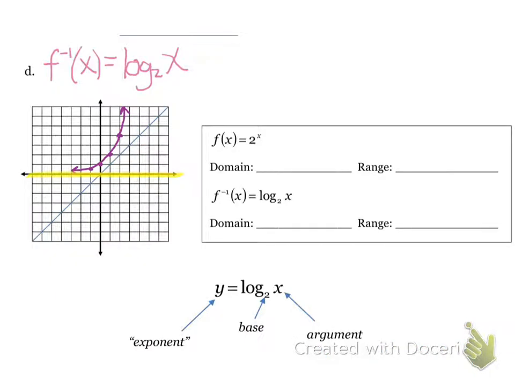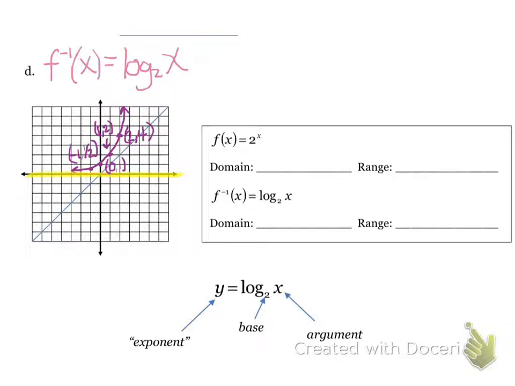Okay, so here you see that I have graphed the exponential function 2 to the x, which we have done before. Now I'm going to graph the inverse. If I were to identify all these points on the graph, I'd have negative 1, 1/2. I'd have 0, 1. I'd have 1, 2. And then up here I would have 2, 4.